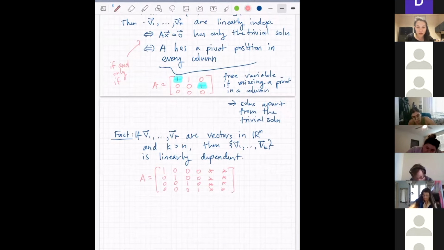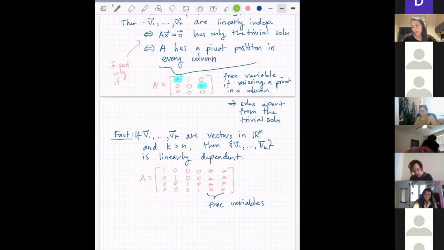So here our vectors are coming from R^4, but we have 6 of them. And when we have more columns than we have rows, we can't possibly have a pivot in every column, right? So we end up with these free variables, which again give us a non-trivial solution. So we can't have linear independence, right?